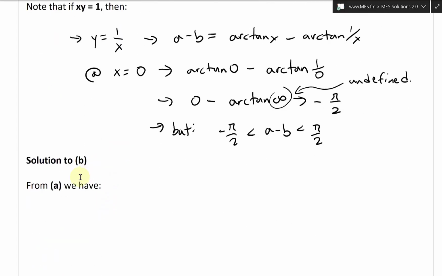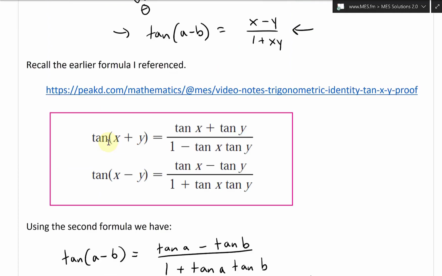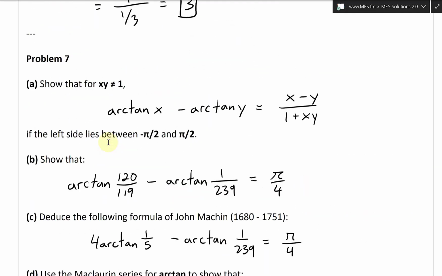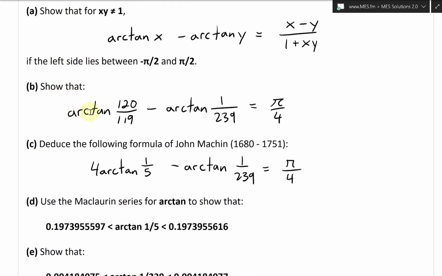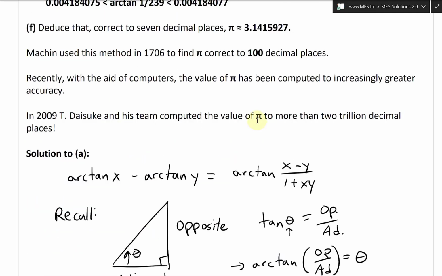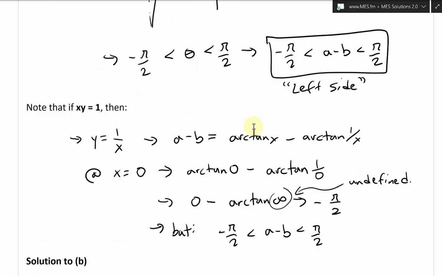Alright, so now let's jump right ahead to the solution to question B. So let's recall part B right here. It says, show that arctan of 120 over 119 minus arctan of 1 over 239 is equal to pi over 4. So let's just throw in those numbers there.